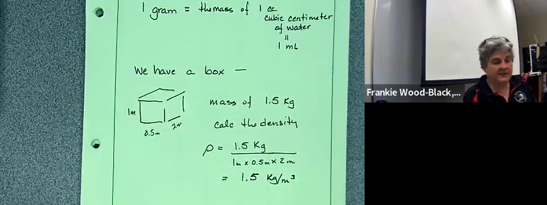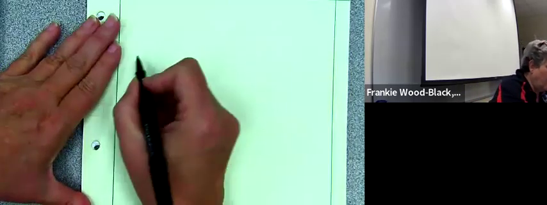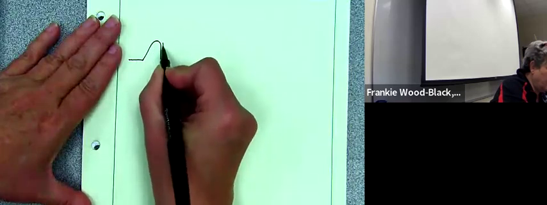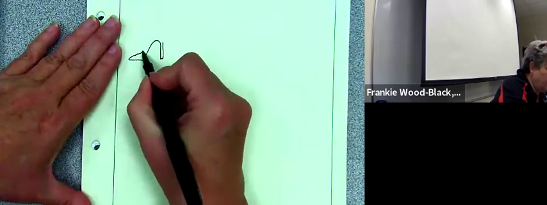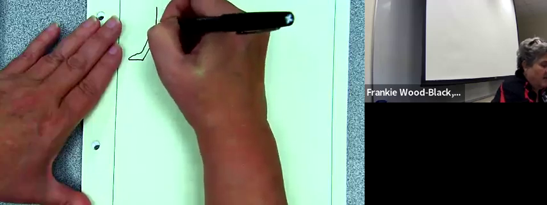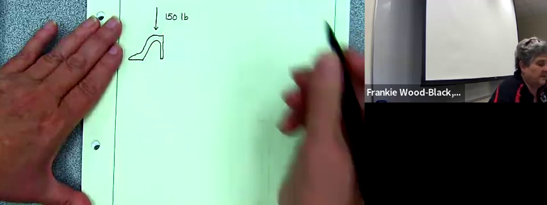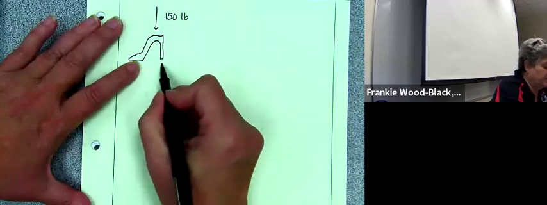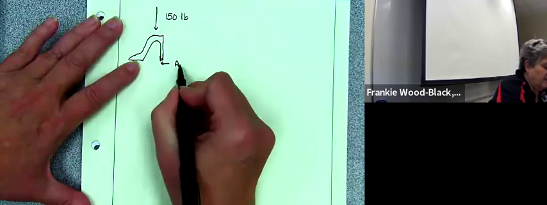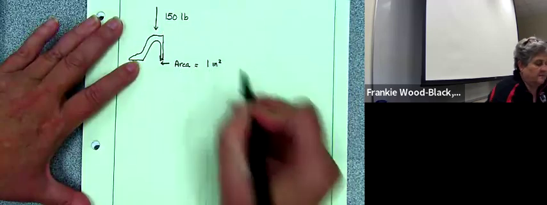Okay, we're going to do a problem here. So we all know this is the fun part, right? So I have a 150-pound person that's sitting on a stiletto shoe. And we're going to put all that weight onto the heel of the shoe. And the area of the shoe is going to be 1 inch squared.